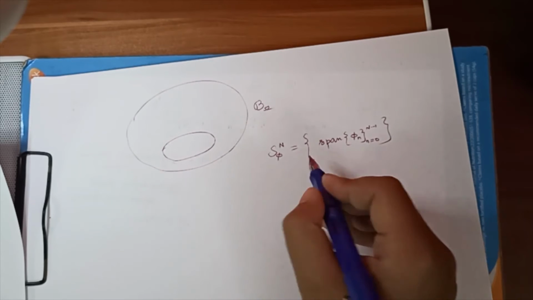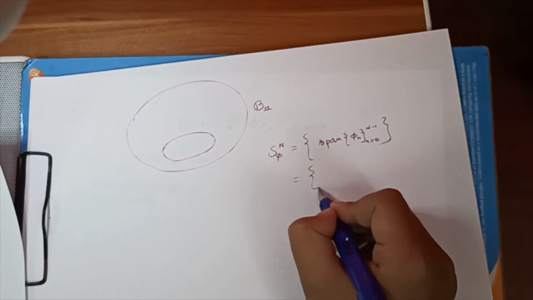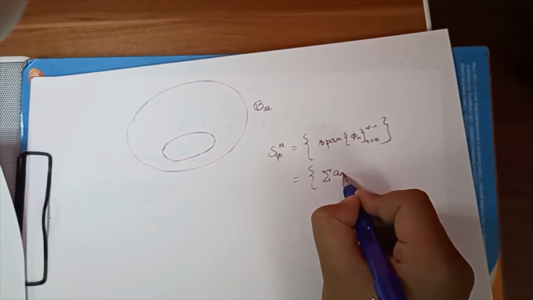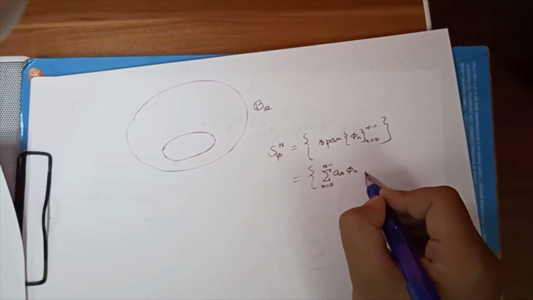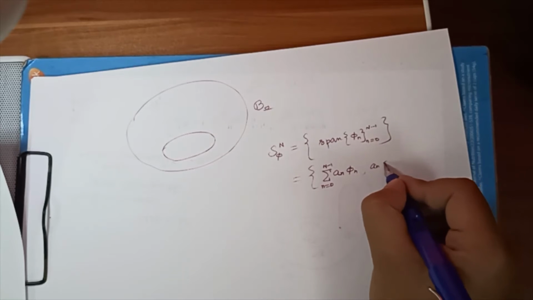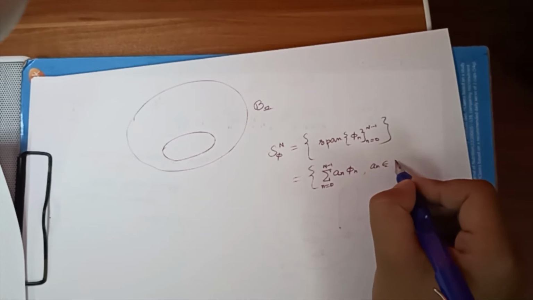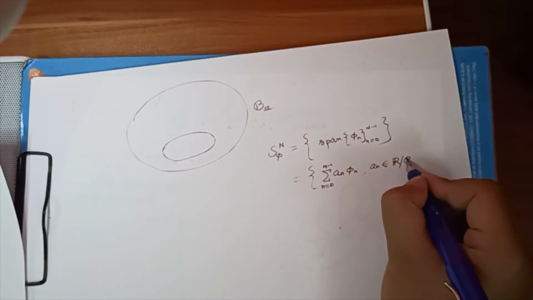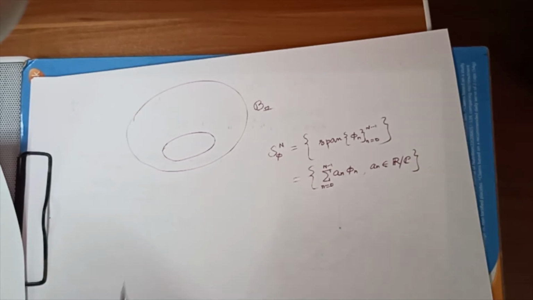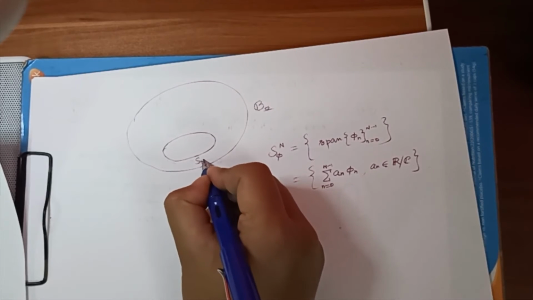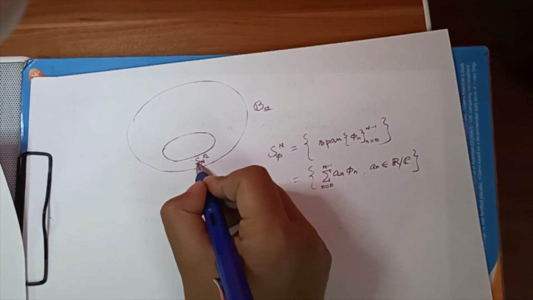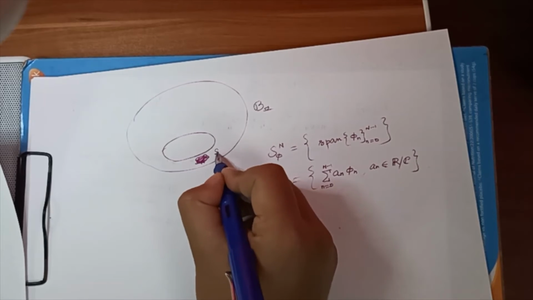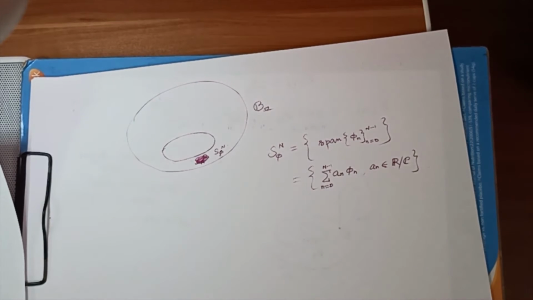This is the space of all functions of the form sum of a_n phi_n, n equal to 0 to N minus 1, where the a_n are scalars. They are real or complex depending on what problem we are solving. So this is a finite dimensional space, S_phi_N.